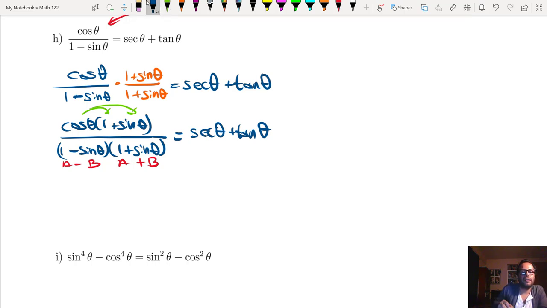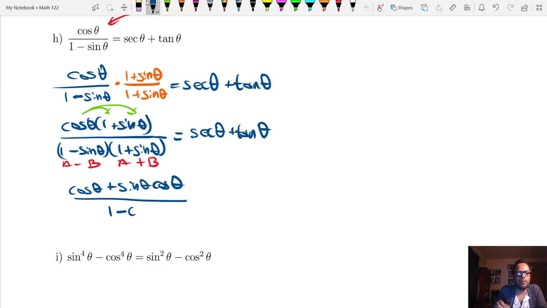And I'm going to get cosine theta plus sine theta cosine theta divided by 1 minus sine squared theta equals secant theta plus tangent theta.